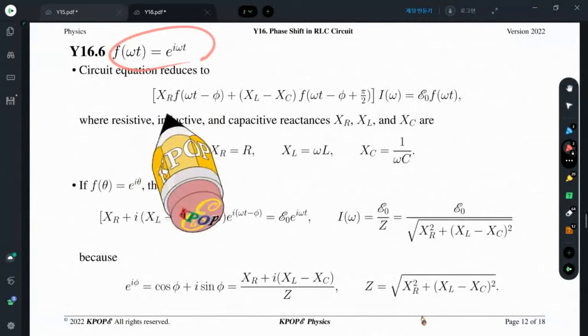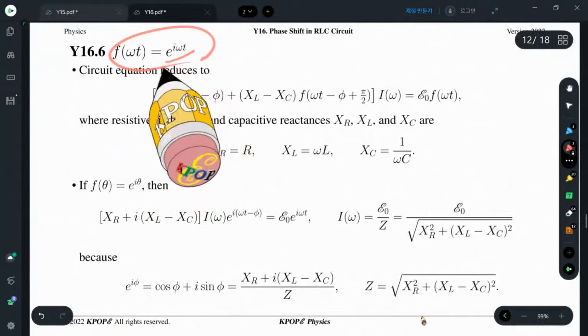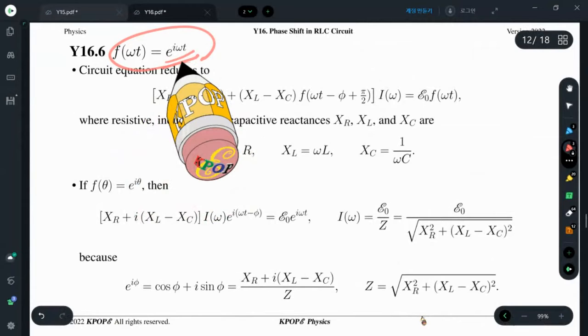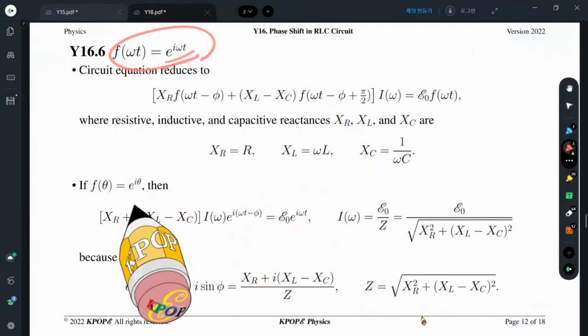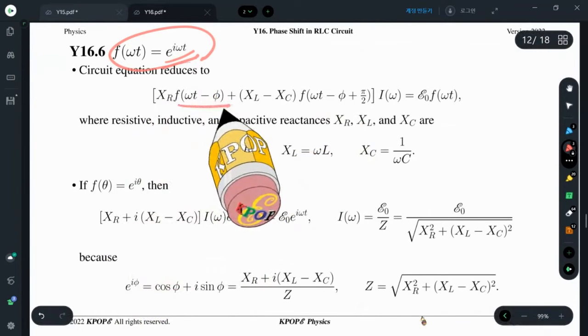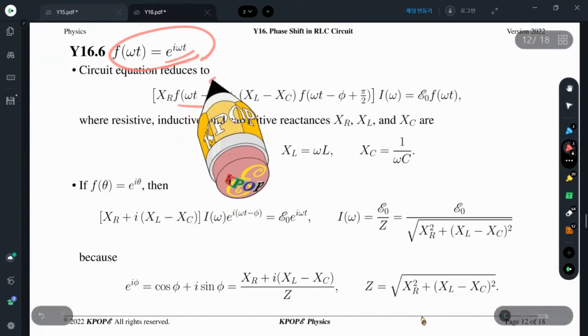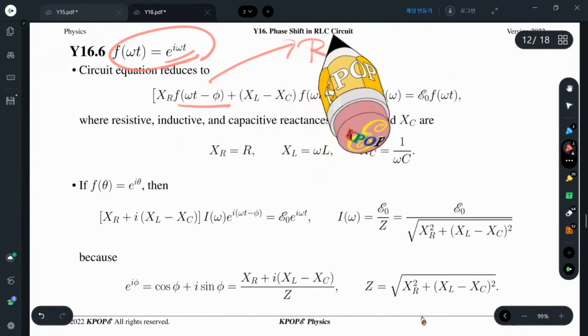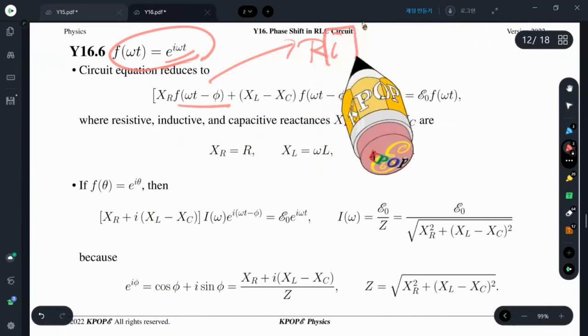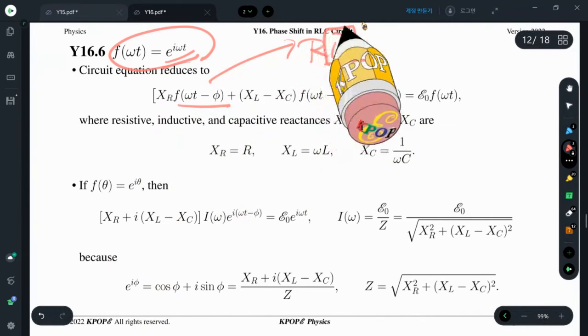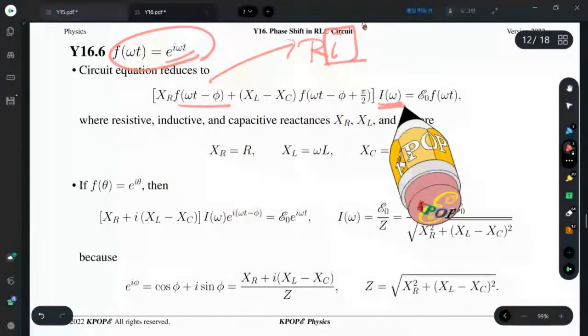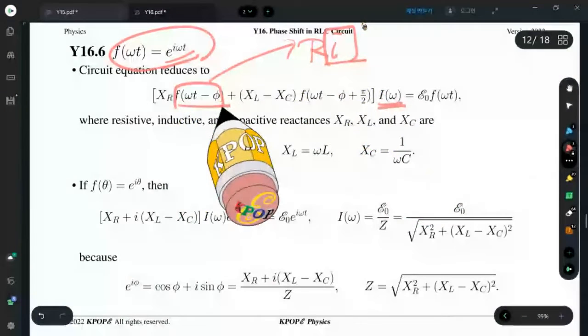Let me just explain the exponential e to the i omega t style applied to the circuit equation. This term represents Ri. Our reference is current I, so current I has an amplitude and sinusoidal factor.